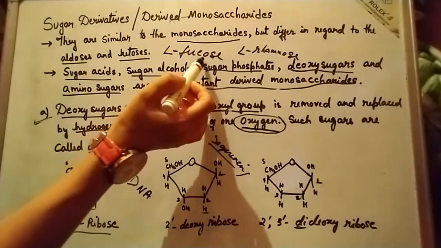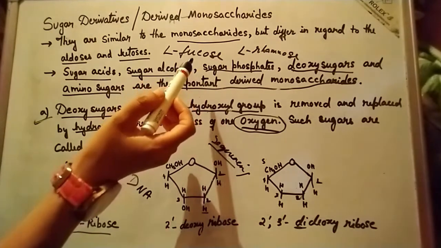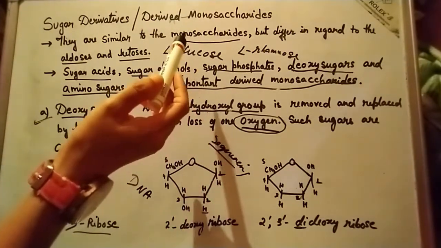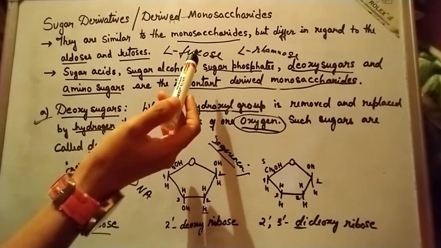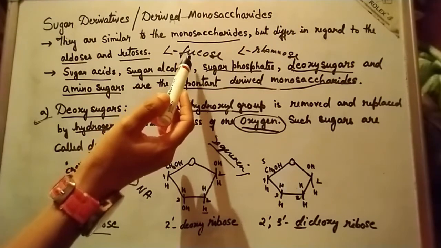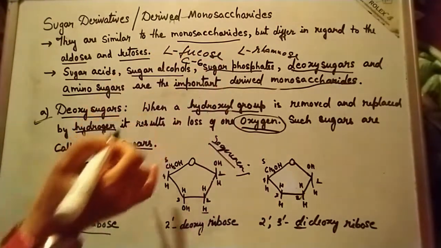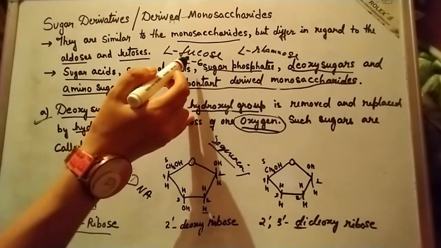They are hexoses, that means they have 6 carbon atoms. But these deoxy hexoses are formed when the oxygen has been removed from carbon number 6.